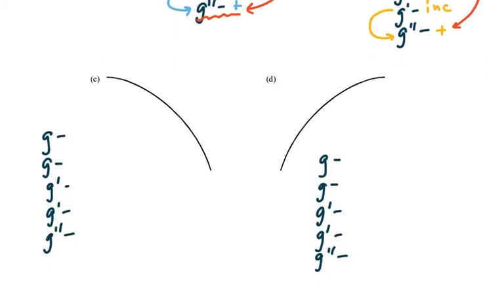Part C. Okay, this graph is decreasing. And it looks like it's a part of a concave down. Now watch this. If it's decreasing, the derivative is negative. If it's concave down, its second derivative is negative. Because remember, up above, a positive second derivative gave you concave up.